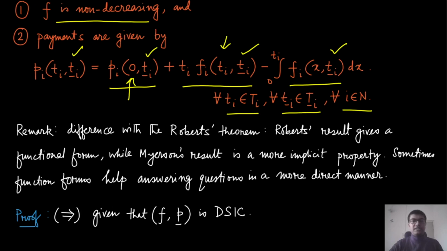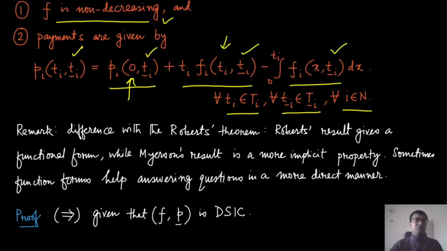While Myerson's result, even though it deals with a very specific problem of single object allocation, gives a more implicit property, in the sense that it tells us the allocation rule must be non-decreasing, but it does not mention which kind of non-decreasing rule. If the function has a particular value of allocating this object among these players, then at some other point you should also maintain certain monotonicity.